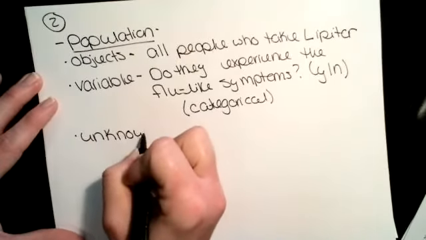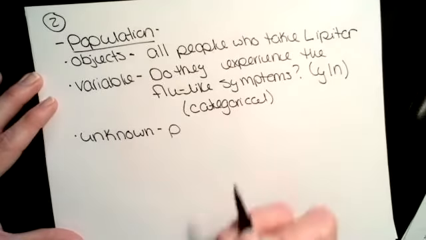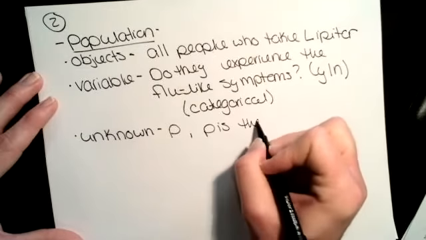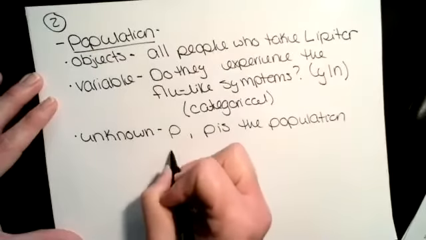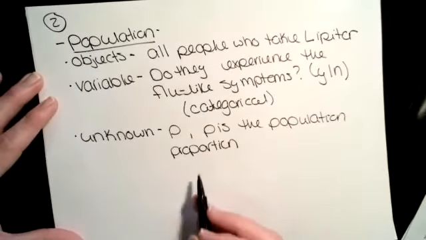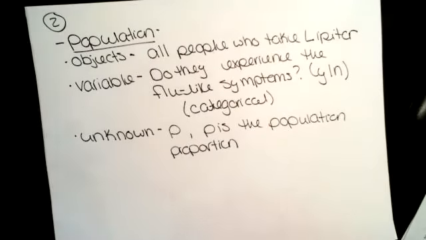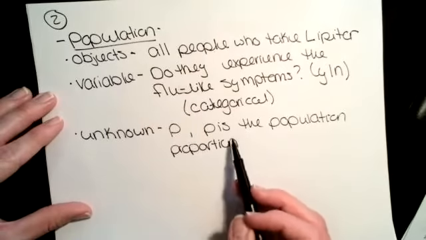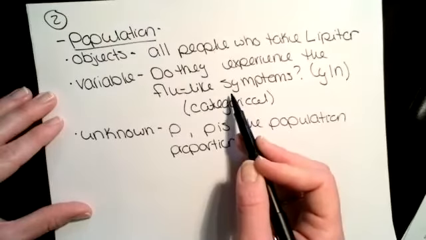My unknown. So if it's categorical, the unknown is P. And now I need to define P. So P is the population proportion. Now I need to say of what, right? I could always start this statement out this way, but now I need to go into context, which is the objects and the variable. So for categorical, I actually say it's the population proportion of the objects and what they're experiencing.